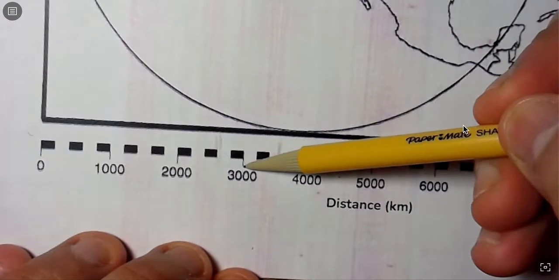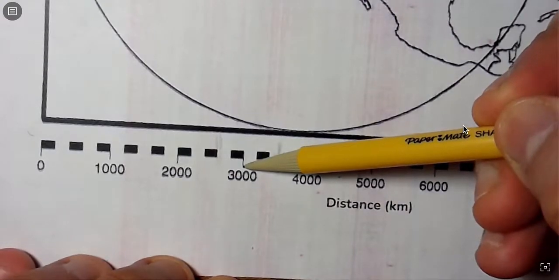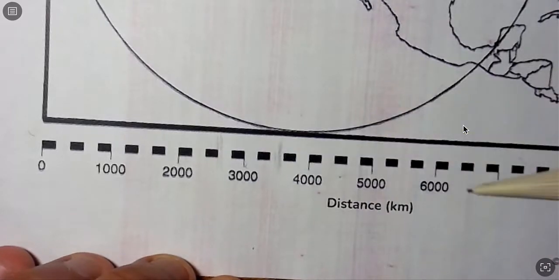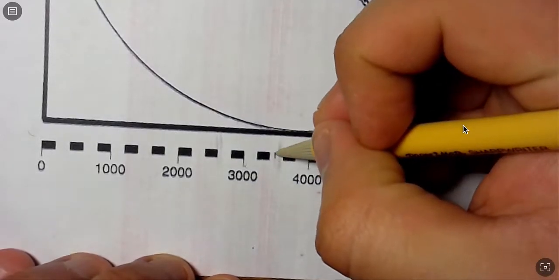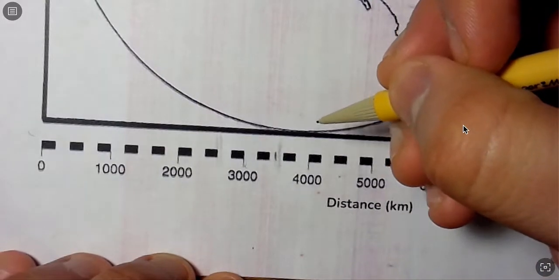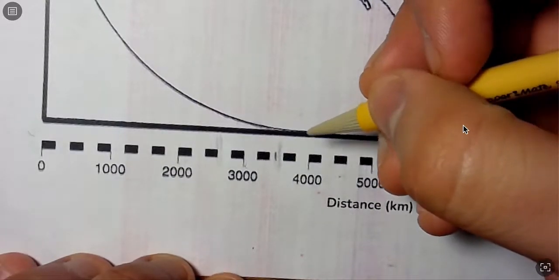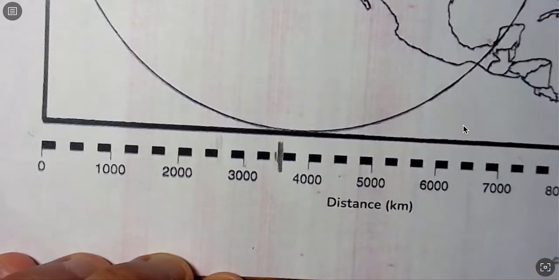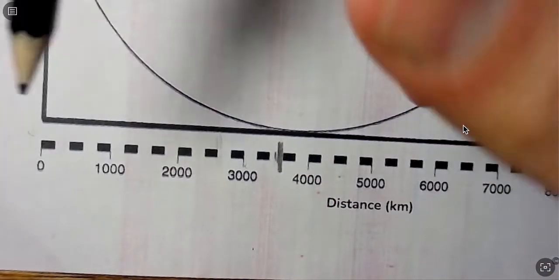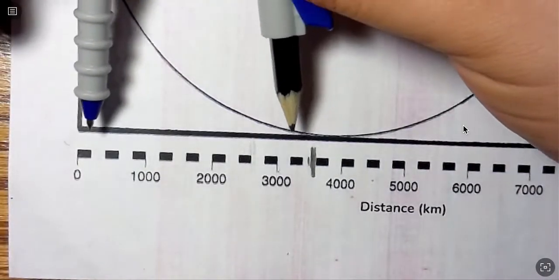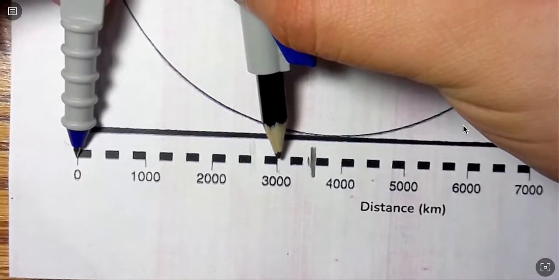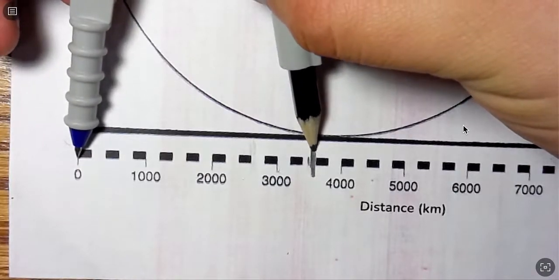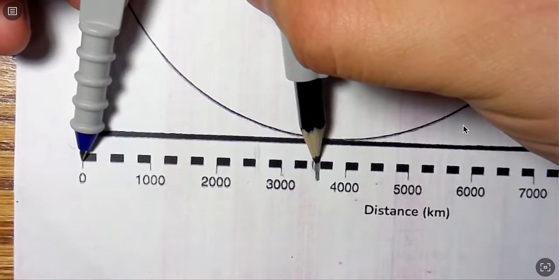And we know that 4,000 begins right here in this location. If we split it in half, this would be like 3,500, but we want to go to 3,600. So it looks like it's going to be probably somewhere right here. So with that in mind, we're going to put our compass and we're going to start, and again, we're going to put the pointy part at 0 and the pencil on 3,600 so that it looks something like this.